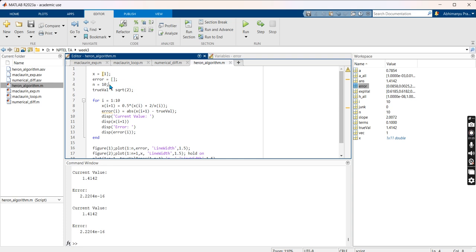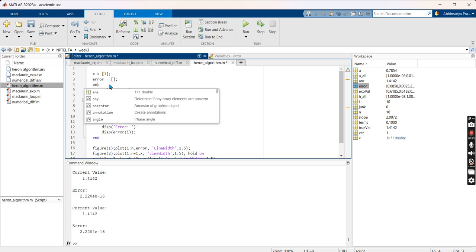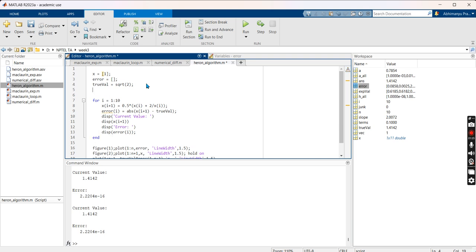So if I put a convergence criterion, or a tolerance value as it is called, say tol as 1e minus 6, and my error is less than this, then the loop is stopped. So instead of a for loop I will use a while loop, because a while loop runs until a condition is met.